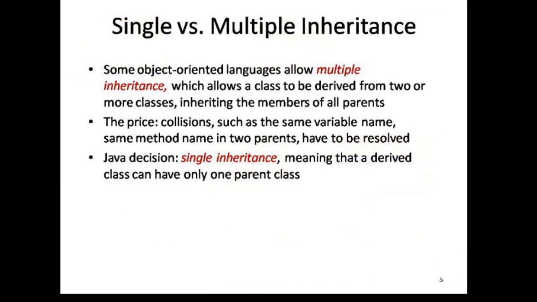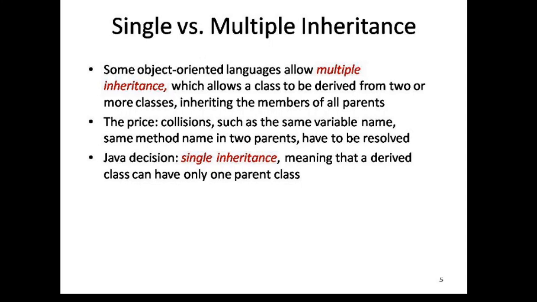And what is single versus multiple inheritance? Some object-oriented languages allow multiple inheritance, which allows a class to be derived from two or more classes, inheriting the members of all parents, and the collisions, such as the same variable name or same method name in two parents, have to be resolved.